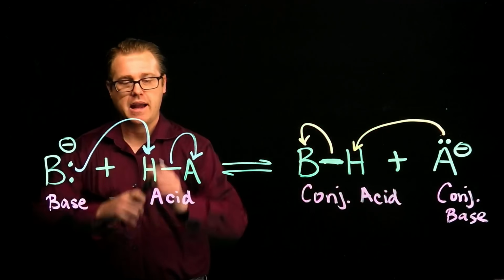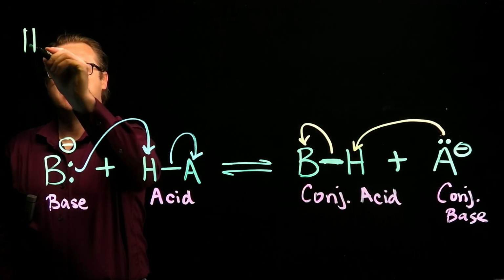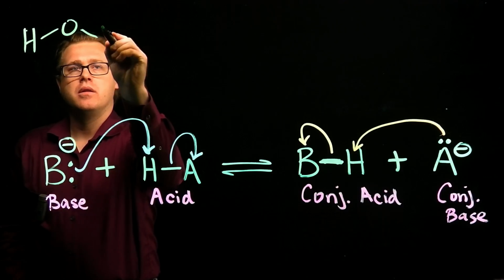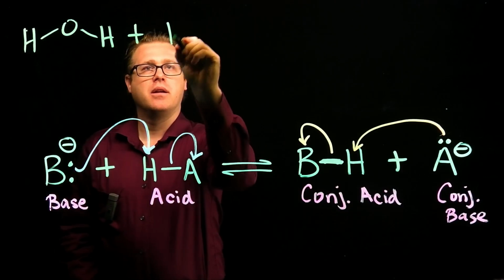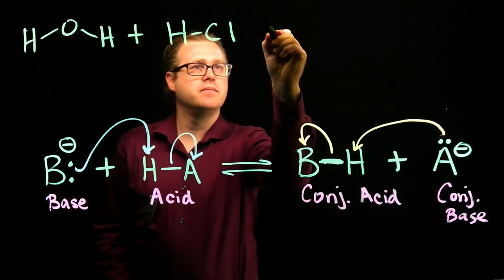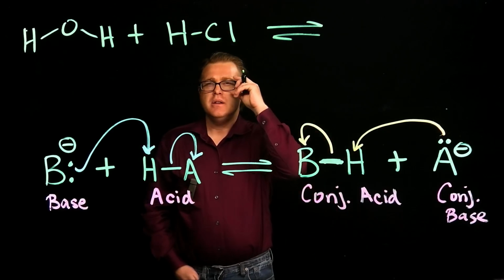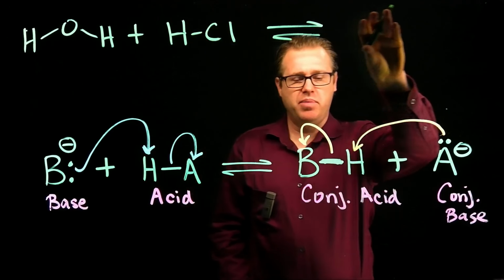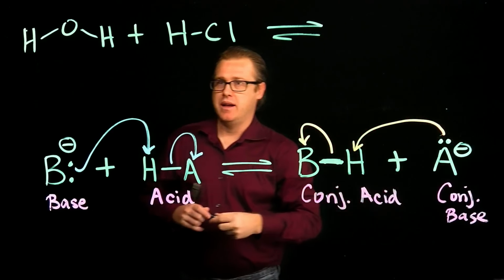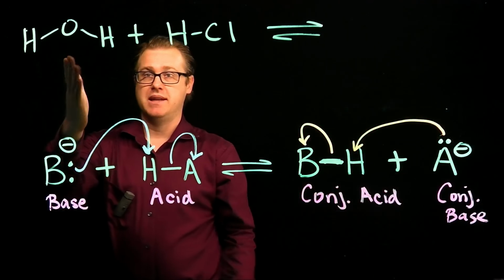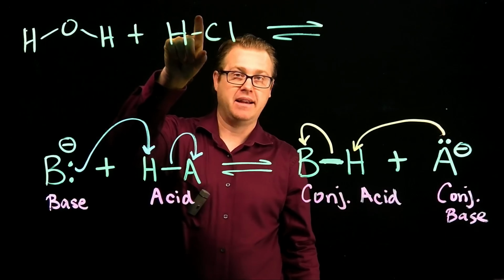Let's take a look at water reacting with HCl. And this is an acid-base reaction. So what are the products going to be over here? Okay. Well, when we look at this, we have to make a decision. We have to say which one is the acid, which one is the base when we look at water and HCl.